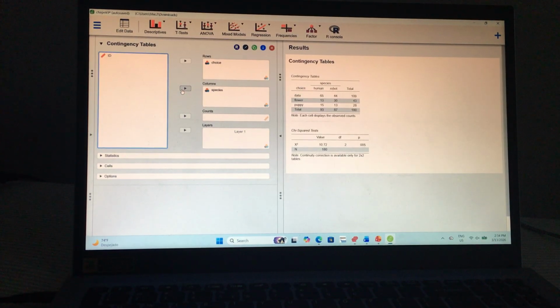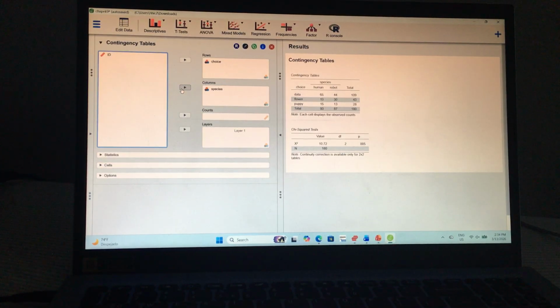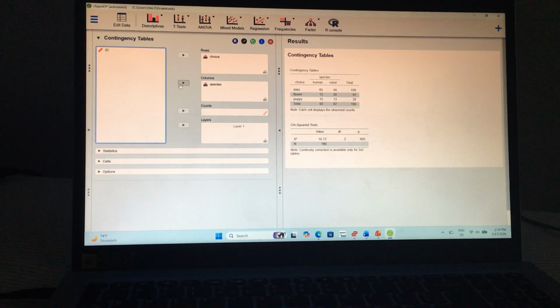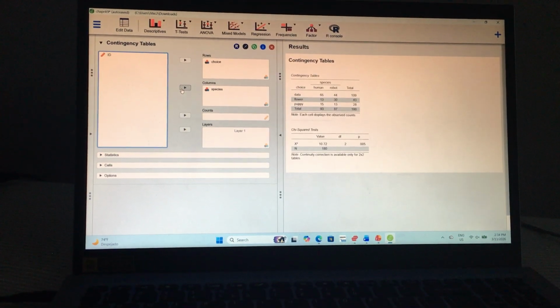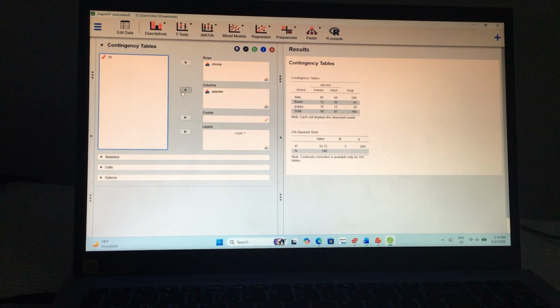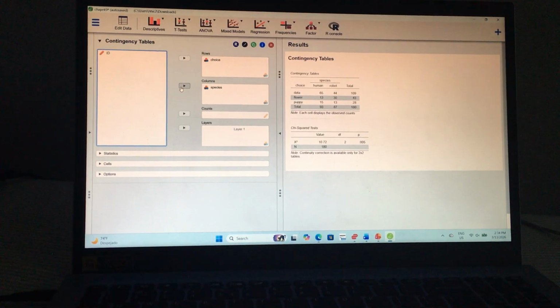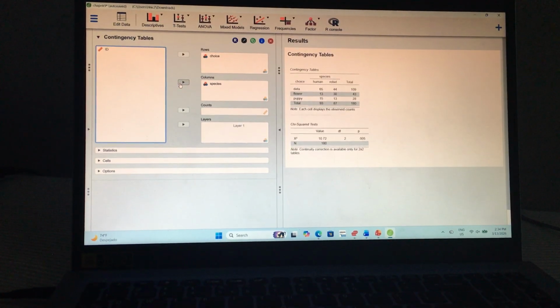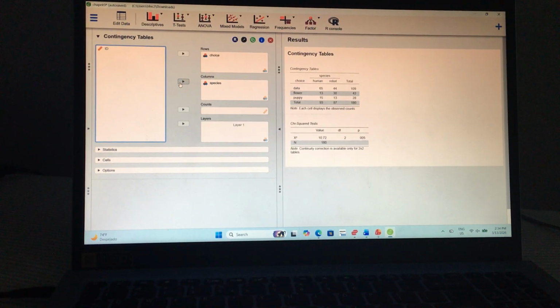Under robot, we have 44, 30, 13, 87. The totals are 109, 43, 28, and 180. Underneath that, we get our chi-squared test, and we have a value of 10.72. Degrees of freedom is 2, and the p-value is 0.005. N equals 180. Okay, looks good.